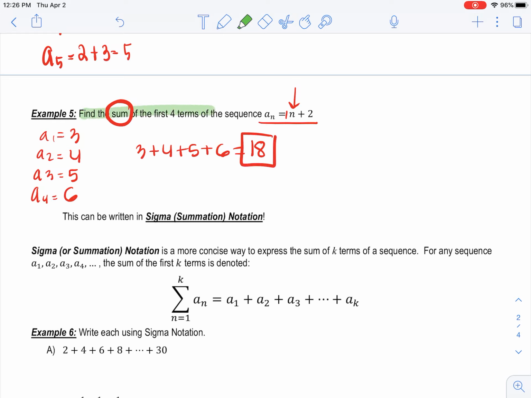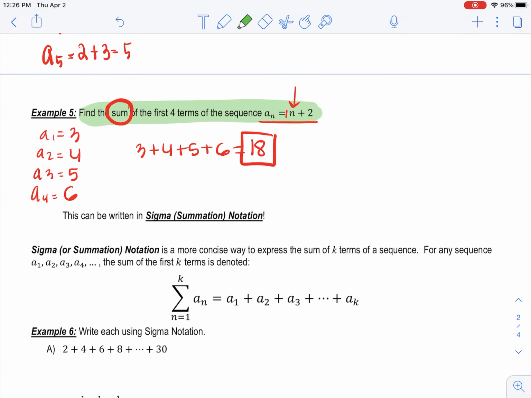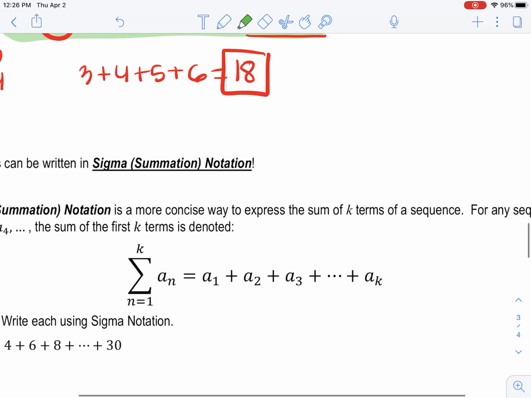Okay, so this sentence right here can be rewritten mathematically, and this mathematical way of writing this means find the sum of the first 4 terms of the sequence a sub n equals n plus 2. We can write this in sigma or summation notation. All right, so let's do that really quickly. In order to write in sigma or summation notation, first thing you need is a sigma.